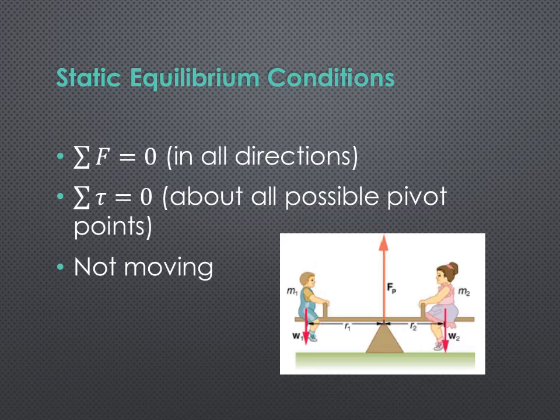But the seesaw at this point in time is not moving because where they are has balanced each other out. You'll notice that the upward force at the pivot point has to be counteracted by the two downward forces to make your forces in the y equal to 0.